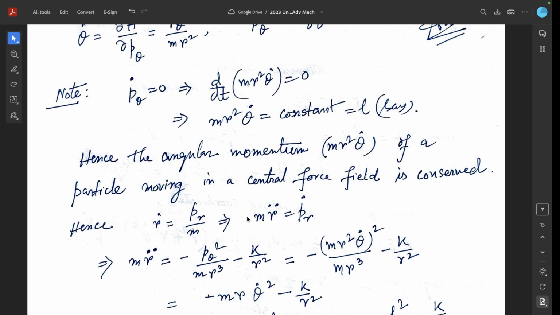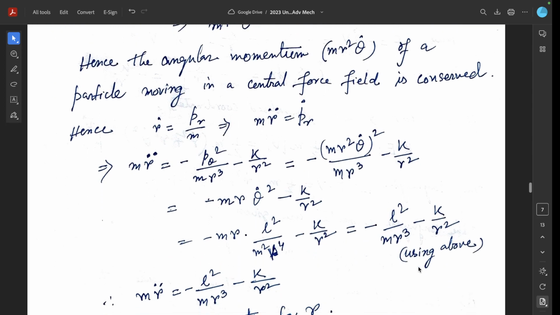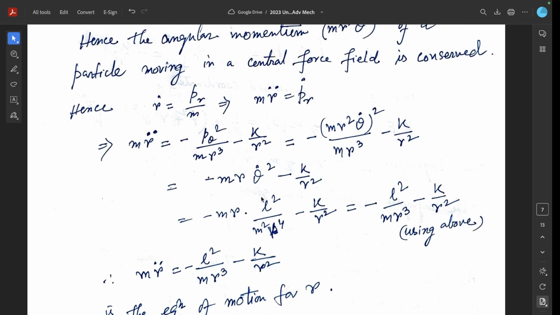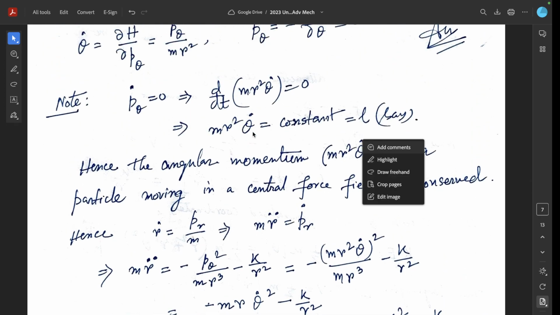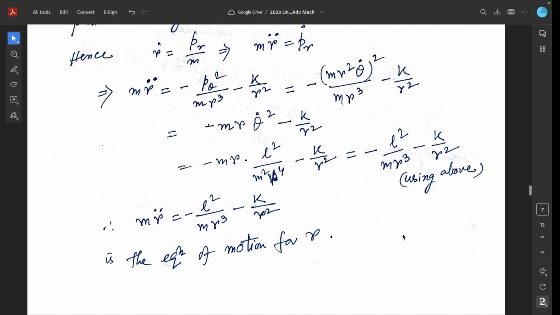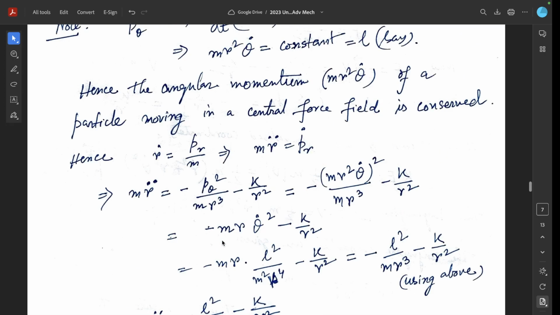Differentiating with respect to t, m r double dot is equal to p_r dot. Using the above relation, the value of theta dot squared from the previous relation, where theta dot equals L by m r squared, we get m r double dot equal to minus L squared by m r cubed minus k by r squared, and this is the equation of motion for r.